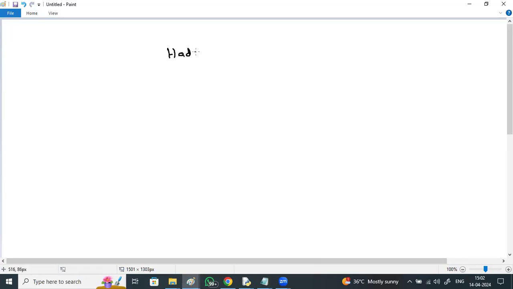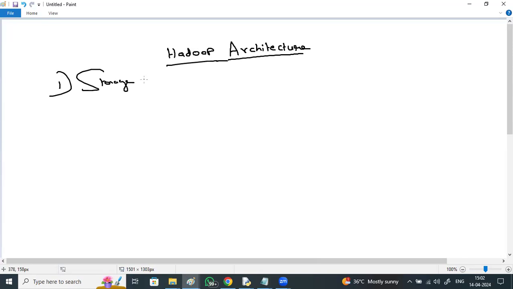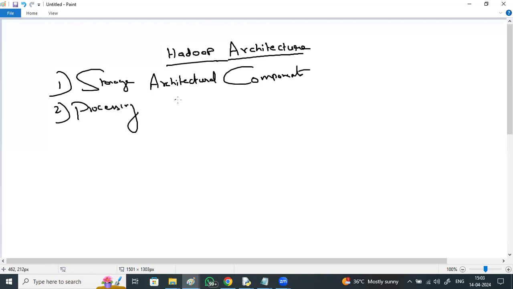Hadoop architecture, right? We have got storage architectural components and processing architectural components.